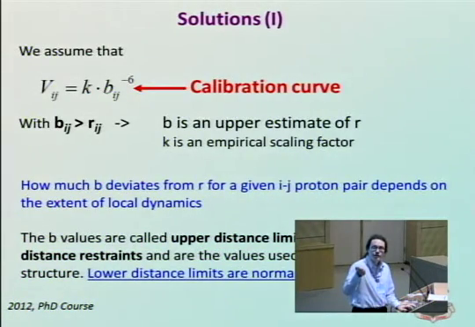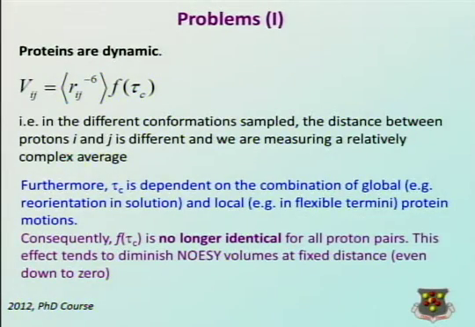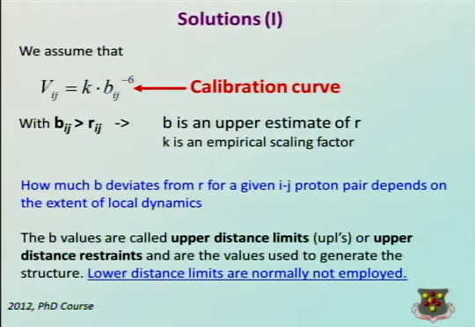The solution is that we neglect all of this, and we just throw in a constant, k, so we neglect all of these problems. We pretend the average is not important because the dynamics is just over a small variation of distances, and we also pretend that the function is essentially constant.